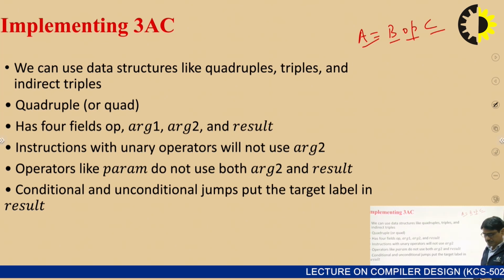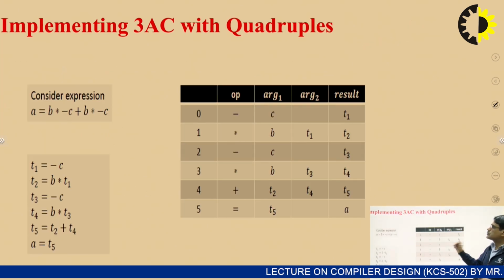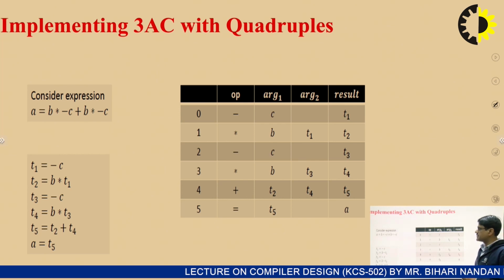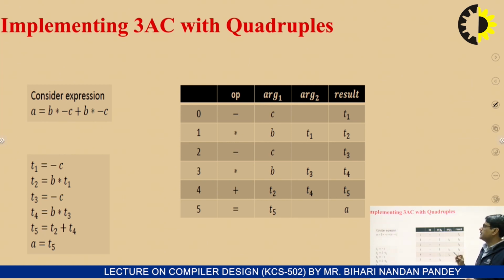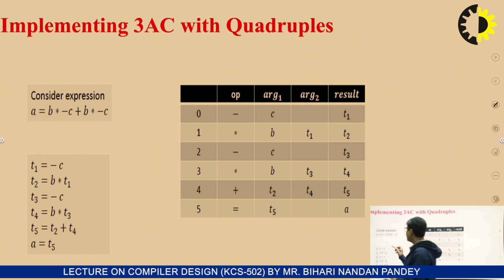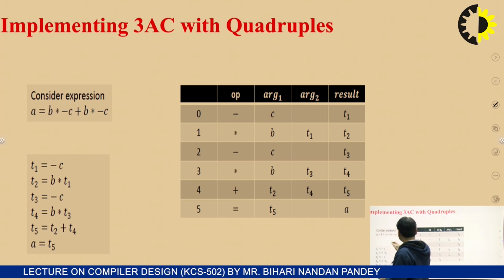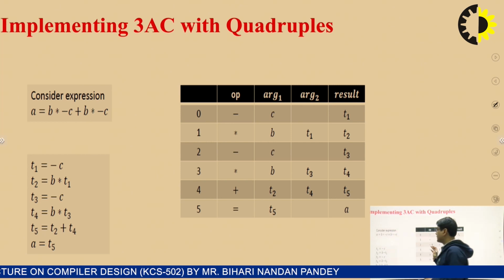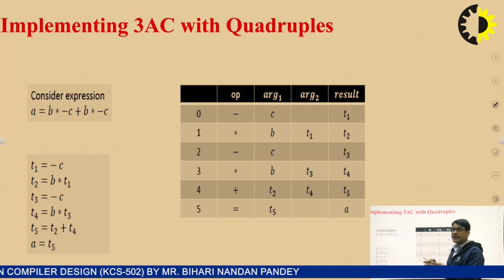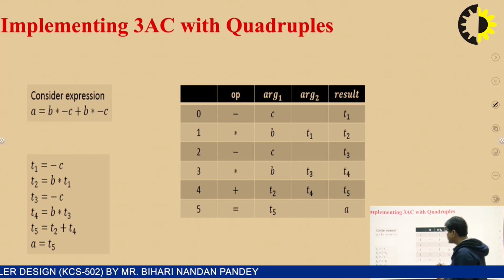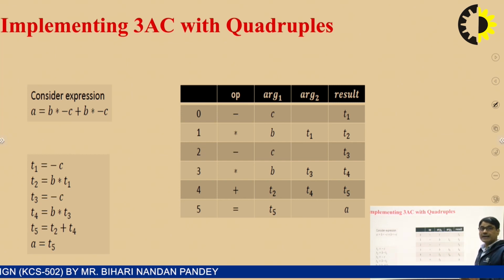Then let's try to understand what a quadruple is. There is an expression given, A equals B star minus C plus B star C. Firstly, it is not converted directly into quadruples. There is the role of 3 address code. Firstly, convert it into 3 address code, which is the primary requirement, so that you convert the long expression.